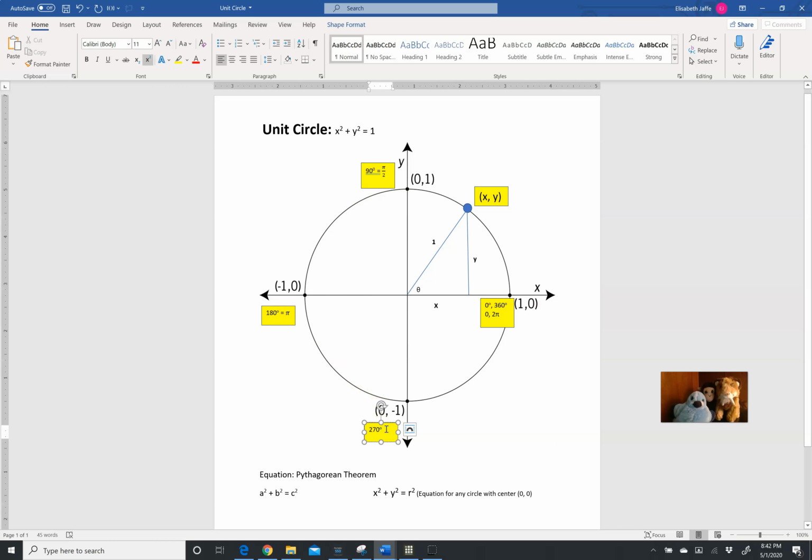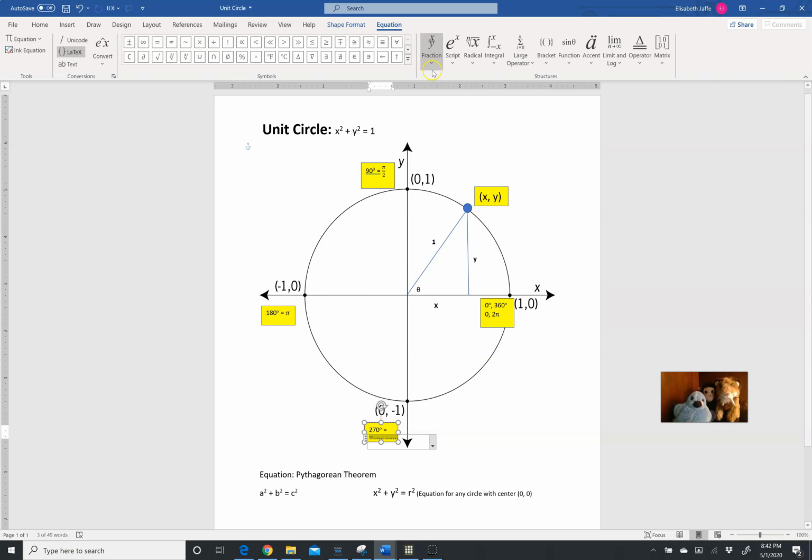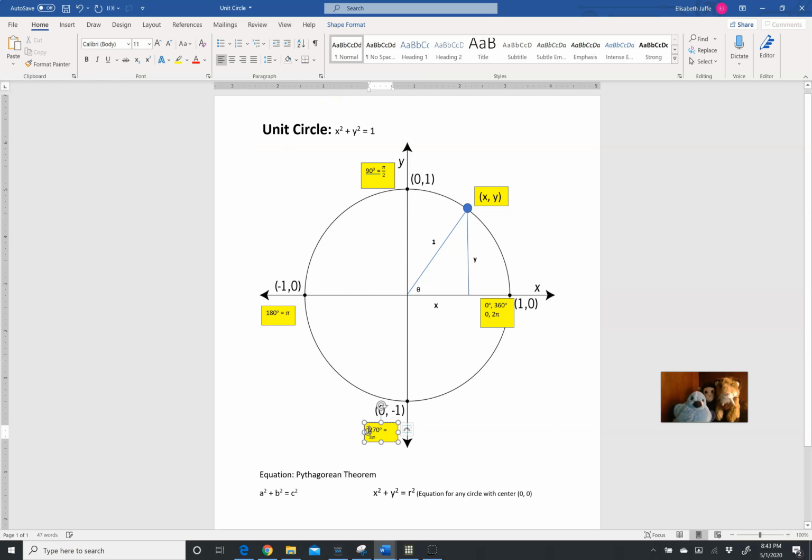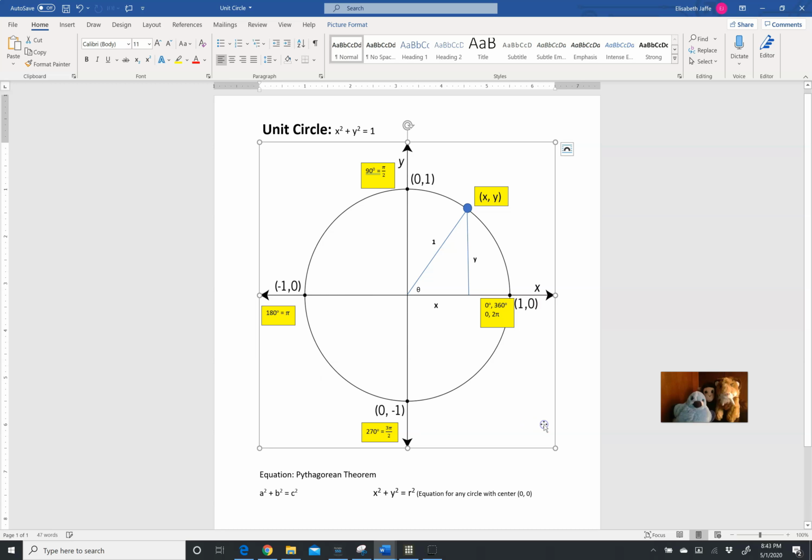At 270 degrees, we said that we're at 3 pi over 2 radians. And then when we go back to 360 degrees, we're at 2 pi radians.